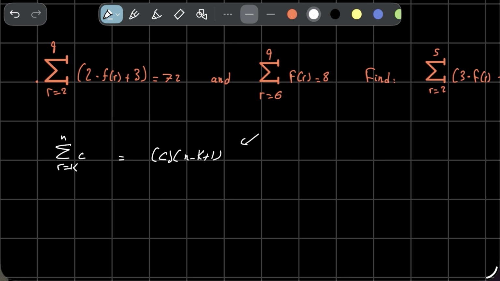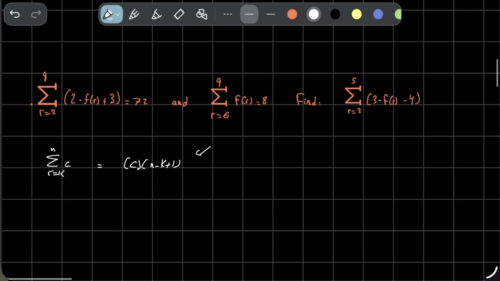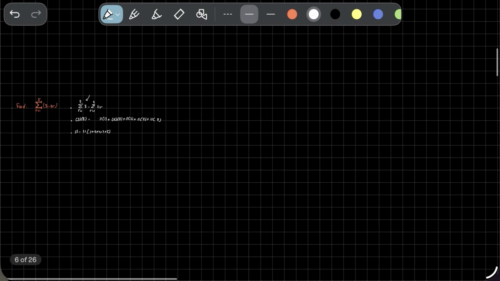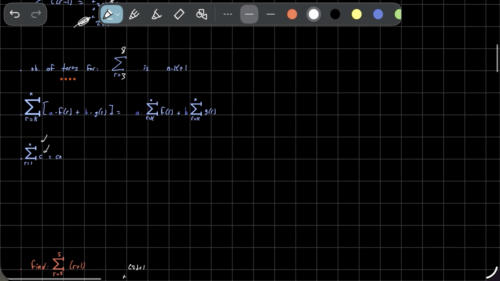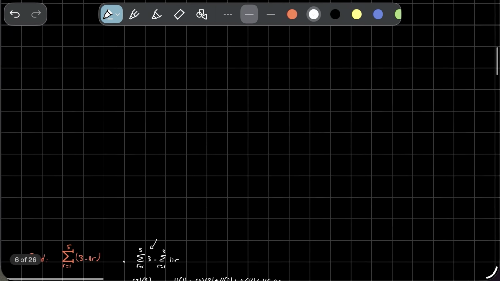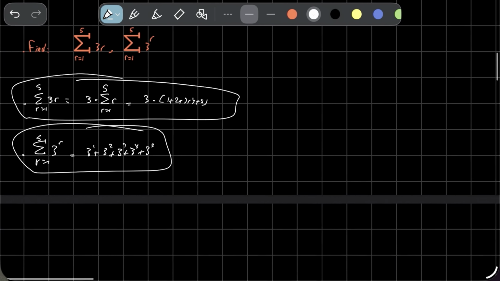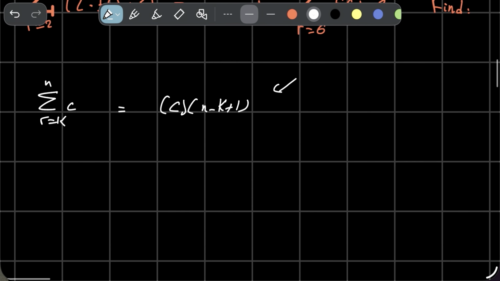This is the general rule of the one that we discussed here. Okay, let's continue solving.